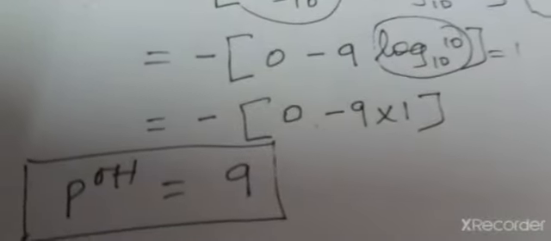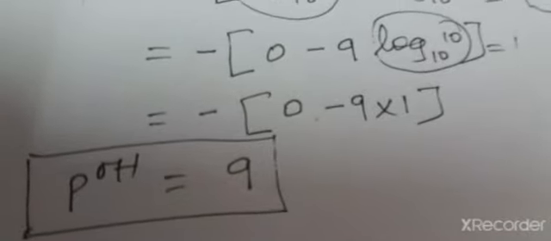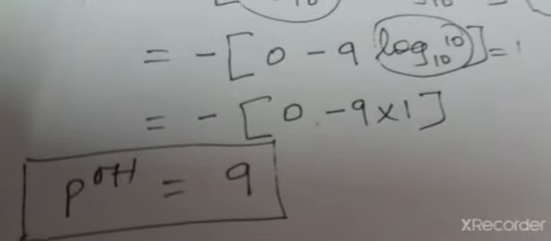Then multiplying minus into minus gives plus, plus 9 into 1, 9. So the pOH of the given basic solution is 9.